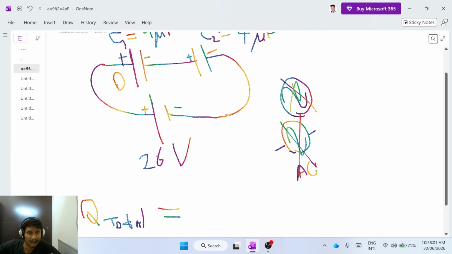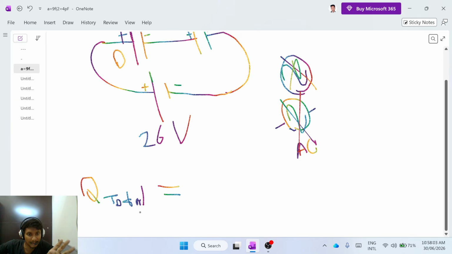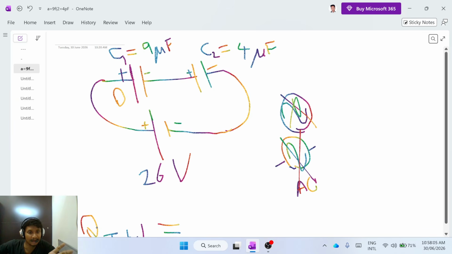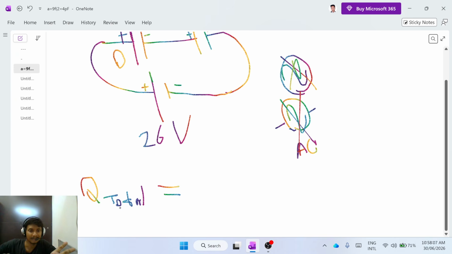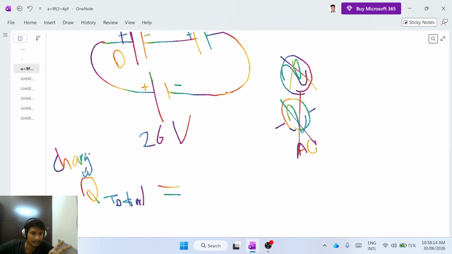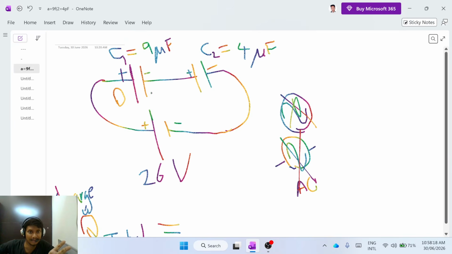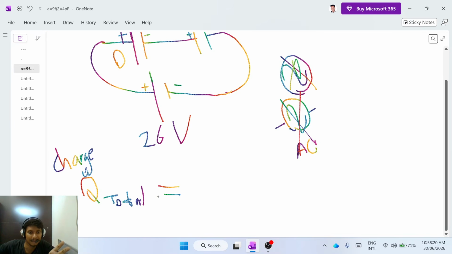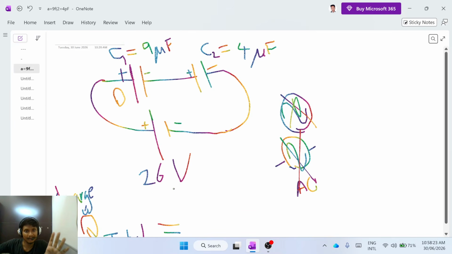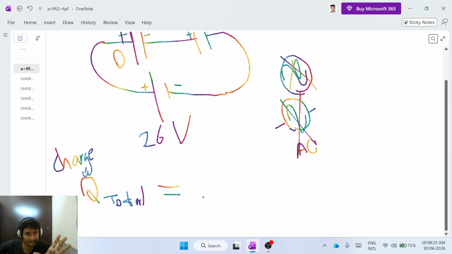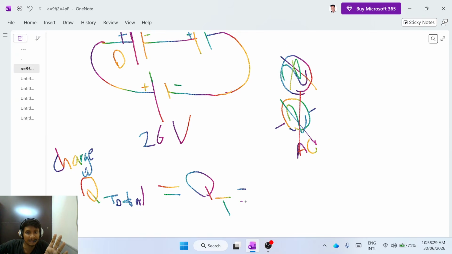Q means the charge of the capacitor, and Q total means the total charge of the capacitors. Let's assume the total charge is Q total, which is equal to Q1, which is equal to Q2.